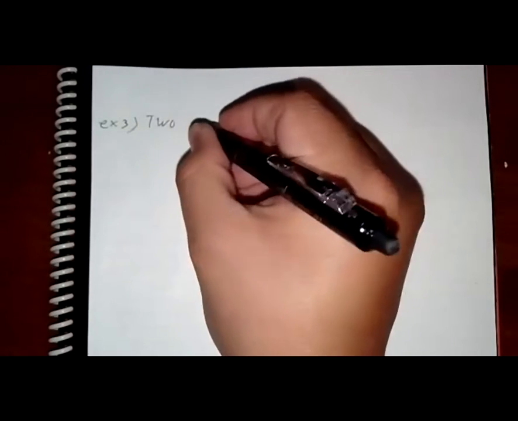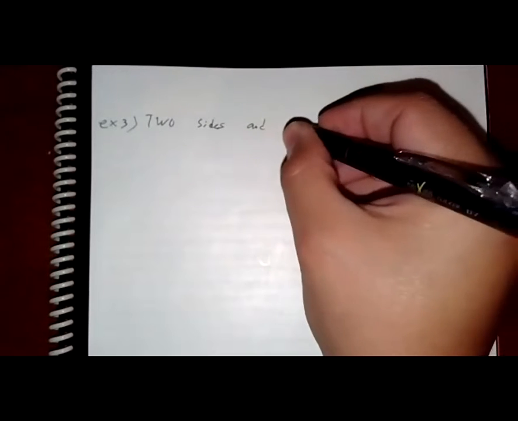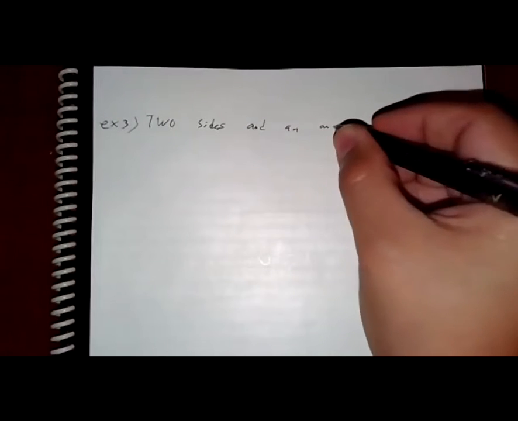Right now, let's do one where there are two triangles, meaning you find C1 and C2 and they both work, so you're going to have to solve two sets of triangles. Two sides and an angle are given.